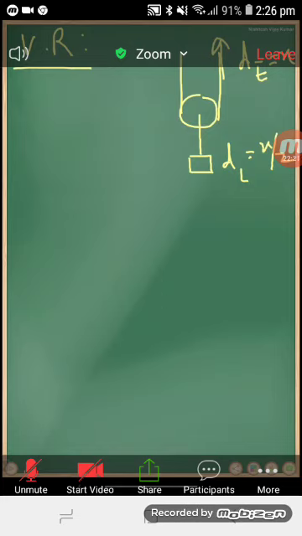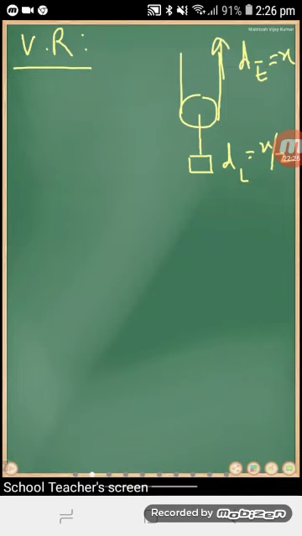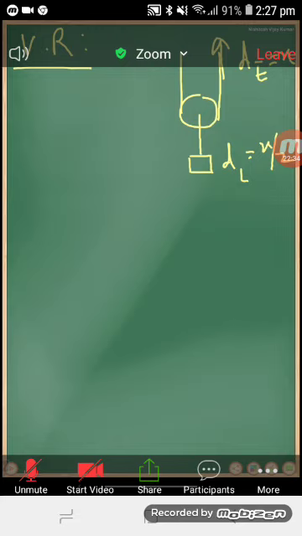Okay, so we can say that the effort is moving twice the distance of the Archimedean system. Okay, that is one fixed and several moving.